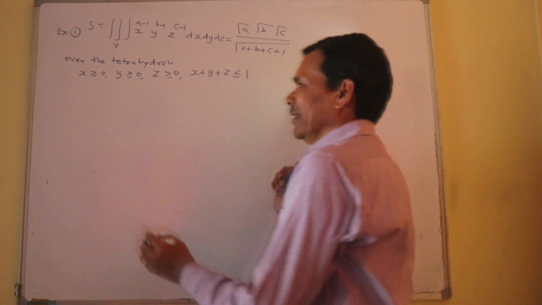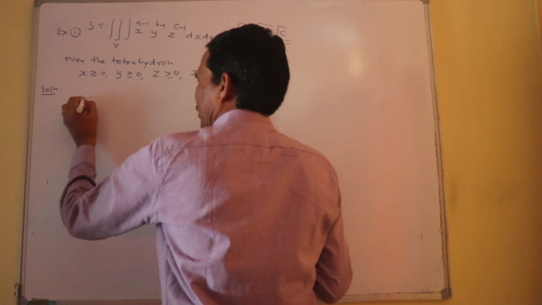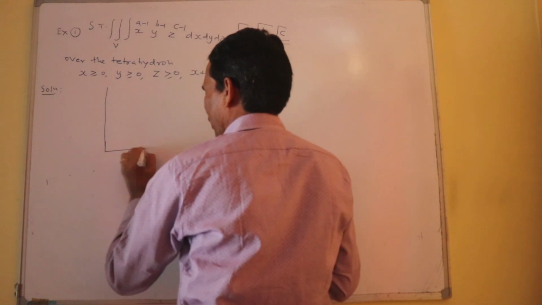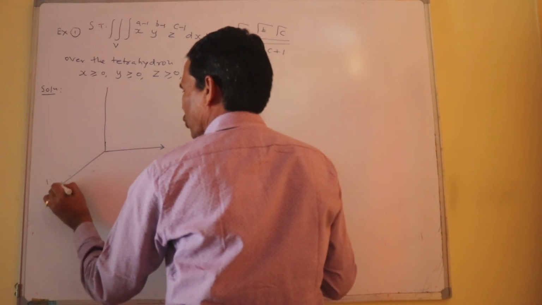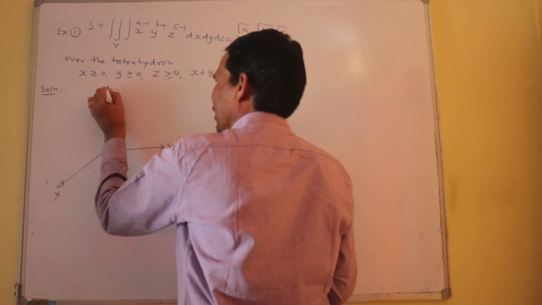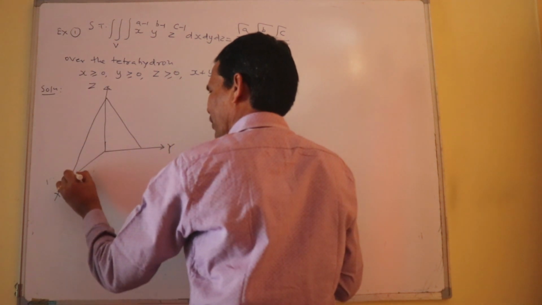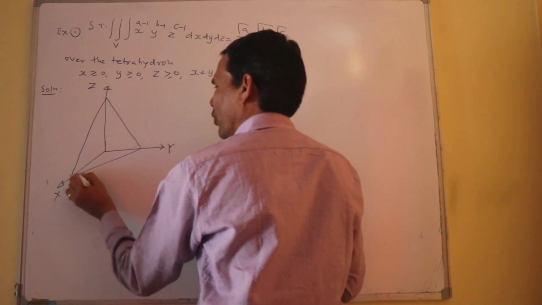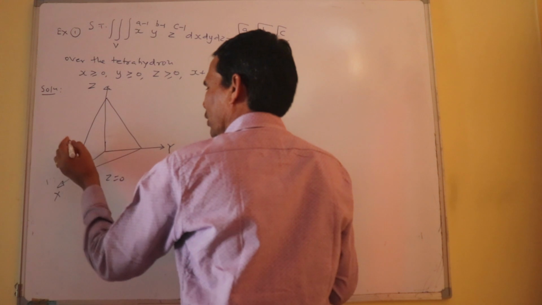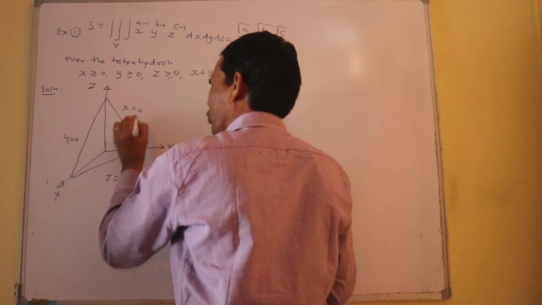So naturally the tetrahedron would be something like this. If you try to draw this tetrahedron having 4 faces, it is something like this. This is the x-axis, y-axis and z-axis. Tetra means it has 4 faces. This plane is z is equal to 0, this is y is equal to 0 and this is x is equal to 0.